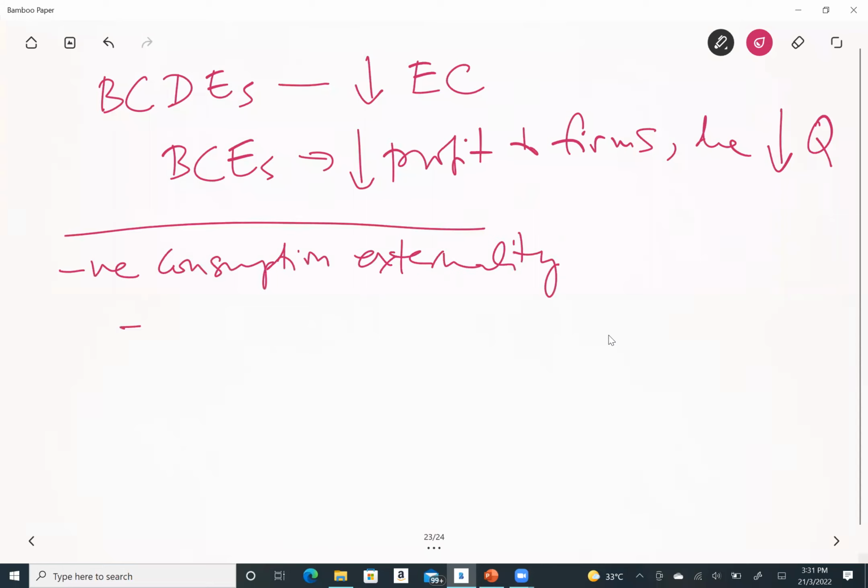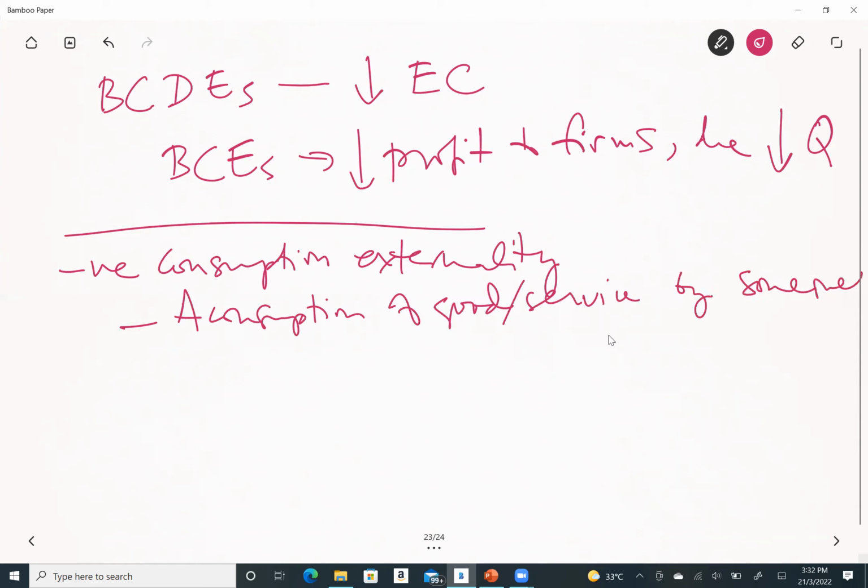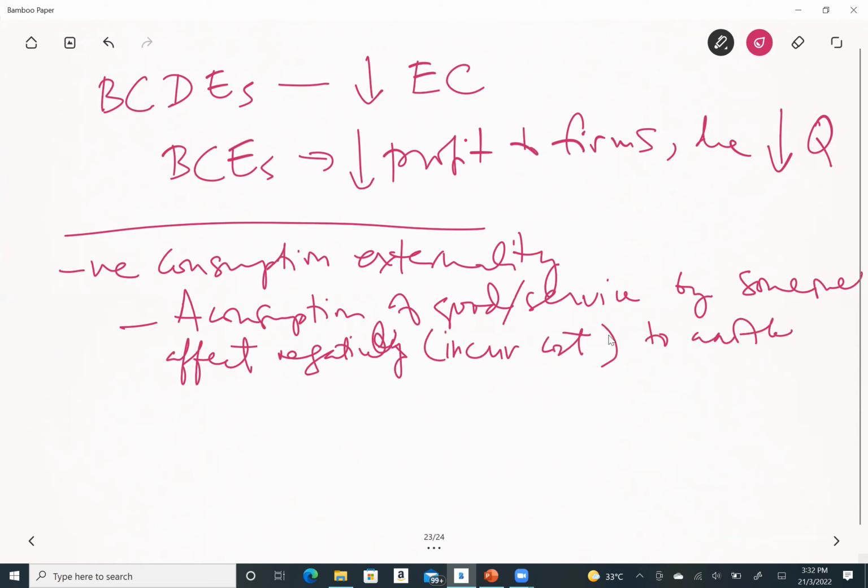So here, consumption of a good or service by one person affects negatively, or incurs cost to another party. By someone, affecting another party.